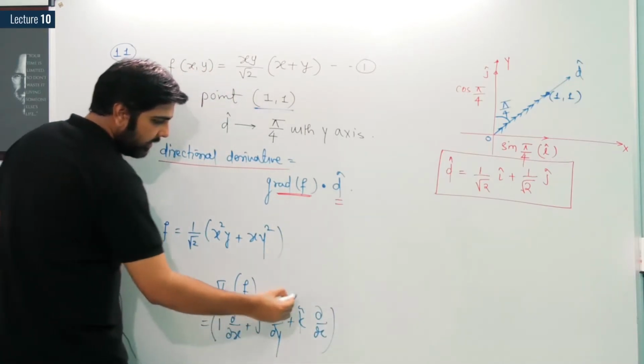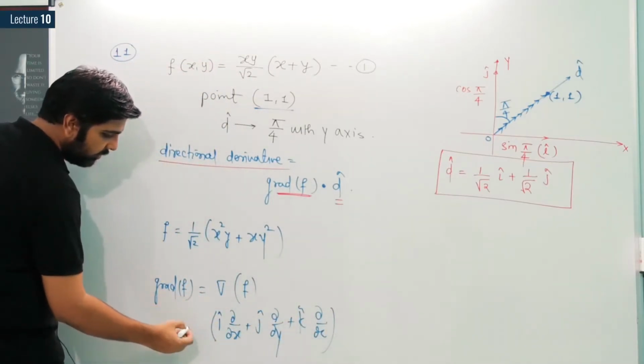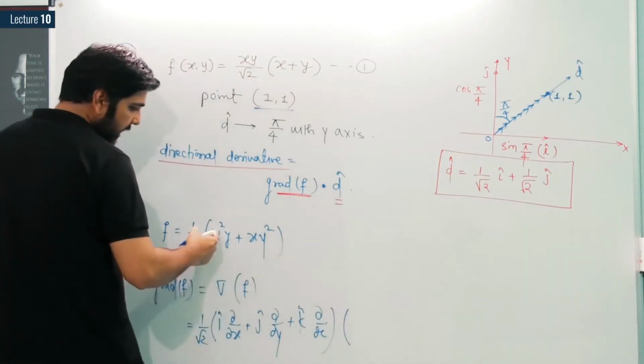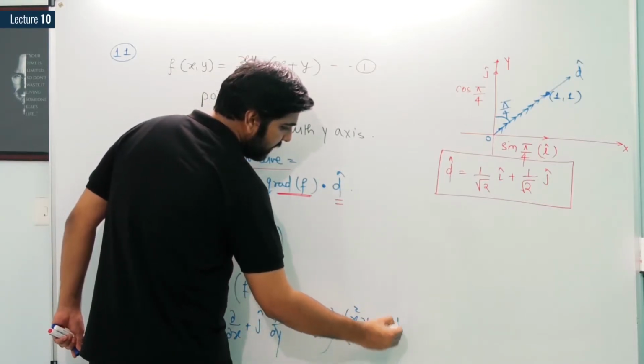Now what is the value of f? f is 1 by root 2, so I am taking out 1 by root 2, and this is our x square y plus xy square.